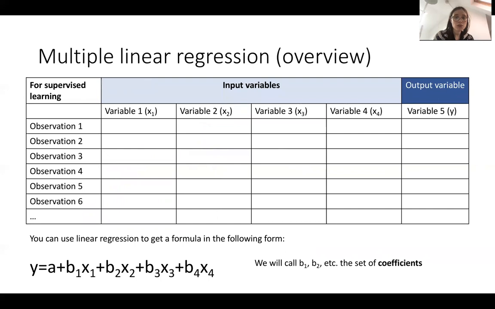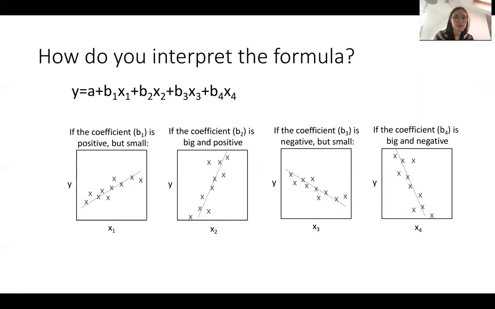You can also do linear regression when you have more than one input variable. So, for example, if we have 4 input variables and 1 output variable, you can get a linear regression formula that looks like this. Now you have 1 intercept and 4 different slopes. We will call these slopes the set of coefficients. How do you interpret this formula?